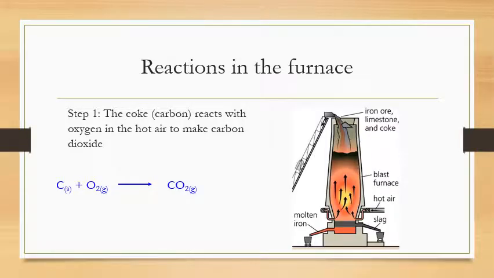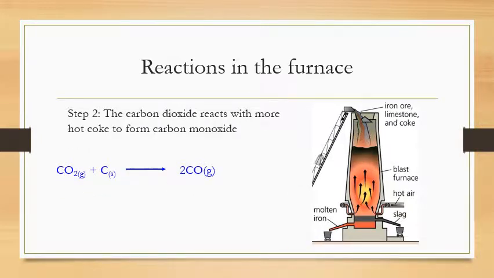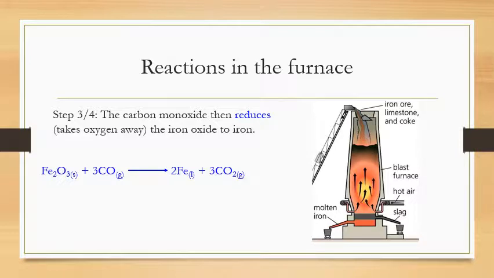In terms of the individual reactions, in the first step carbon reacts with the oxygen in the superheated air to make carbon dioxide, and it is the carbon dioxide which then further reacts with the carbon being dumped into the top of the blast furnace to form carbon monoxide. So this carbon monoxide then acts as a reducing agent and reduces the iron oxide to iron.